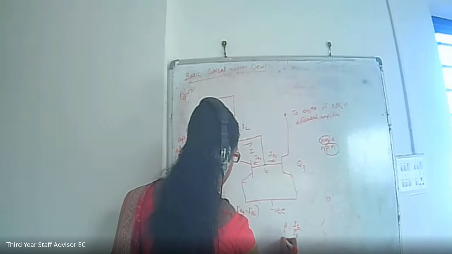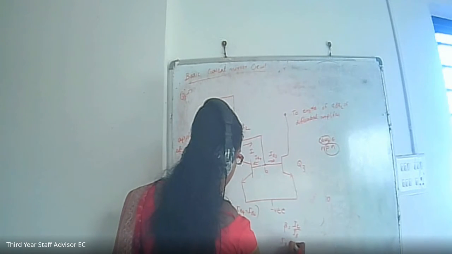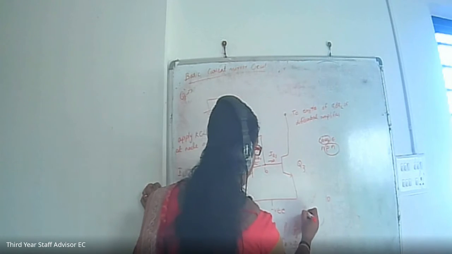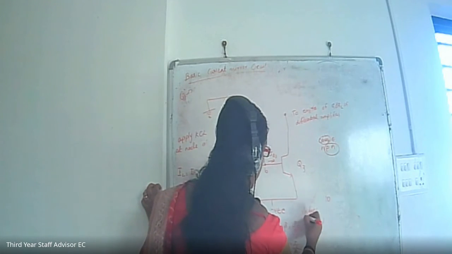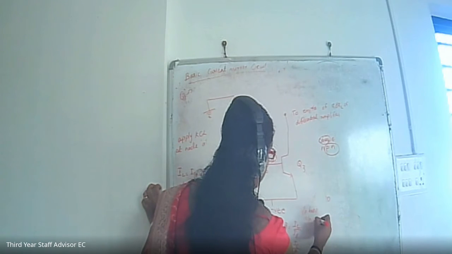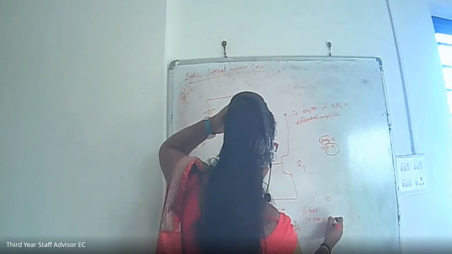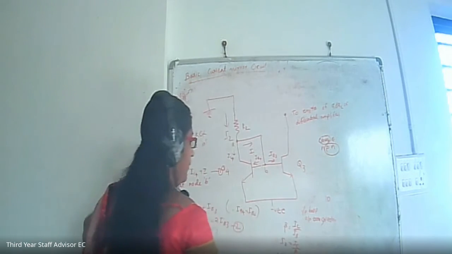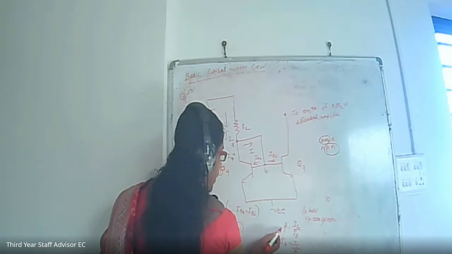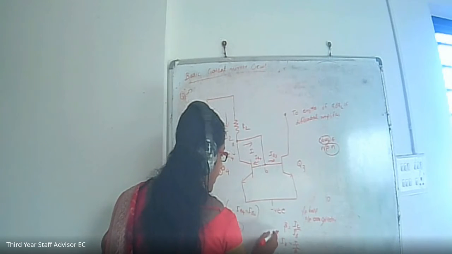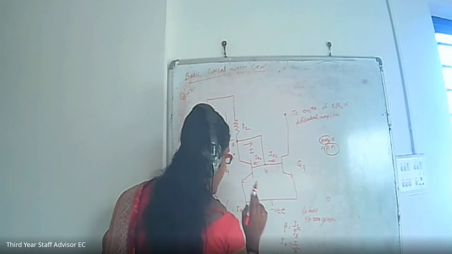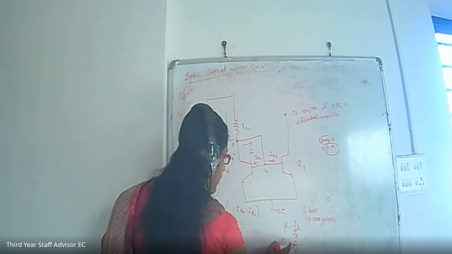So we can simply write IB equal to IC by beta.